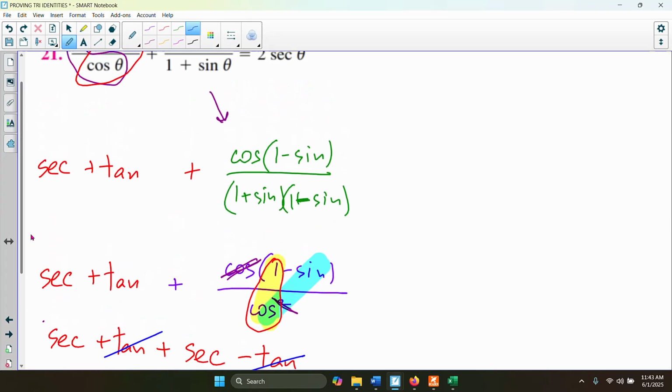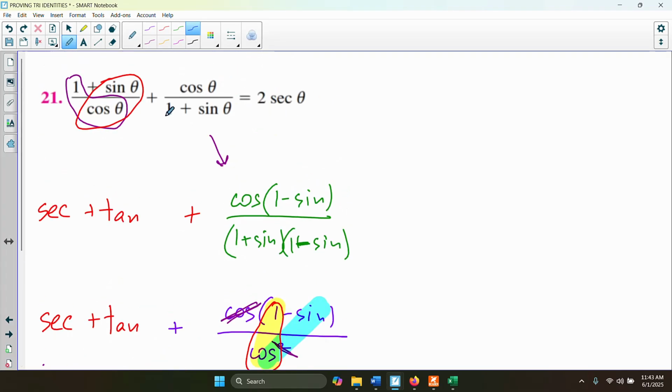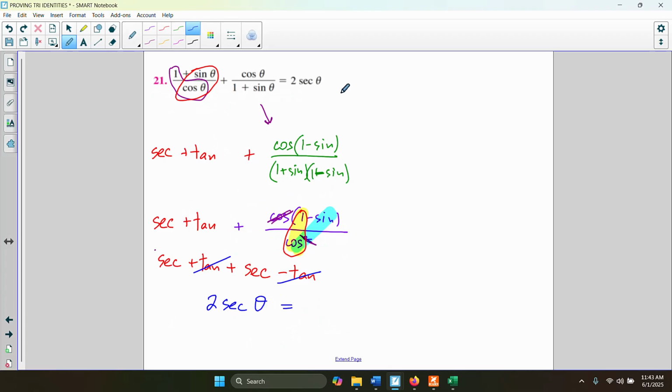And the other side was that the whole time. So this drops down all the way to the end. And this is 2 secant squared. No, by force of habit, I wrote squared. 2 secant theta. And we are done. That was great.